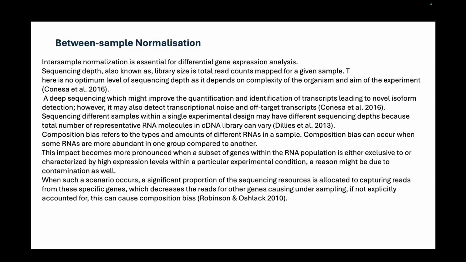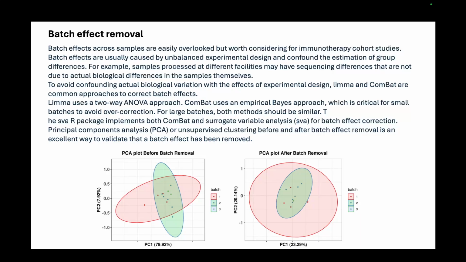And between sample normalization is essential for differential gene expression analysis, because inter-sample normalization should be there to compare expression between two particular samples. One such source of inter-sample bias that needs to be removed is batch effect.